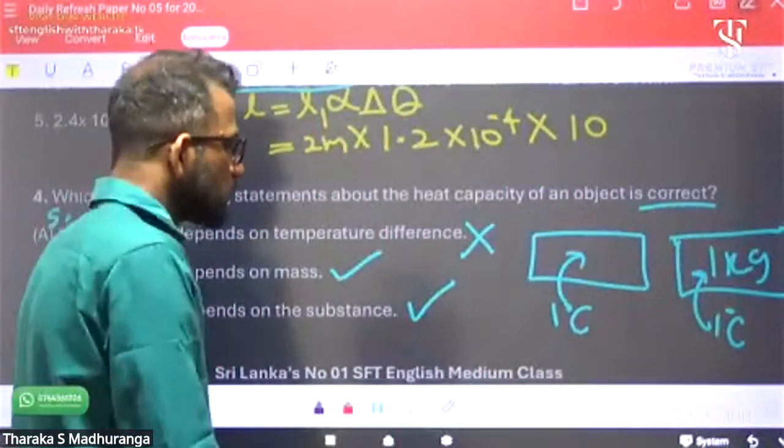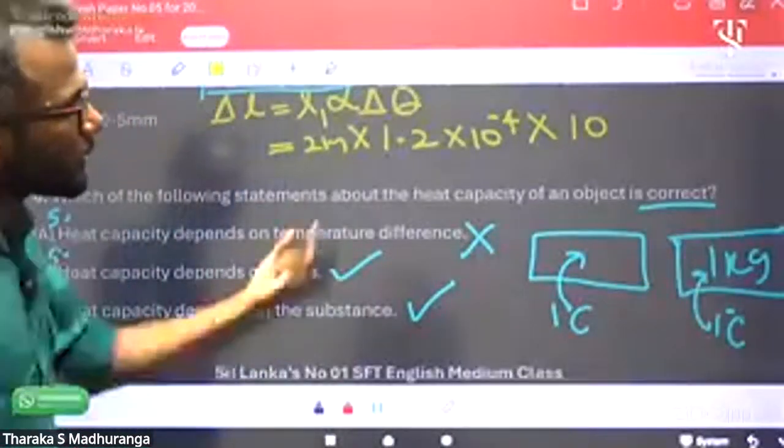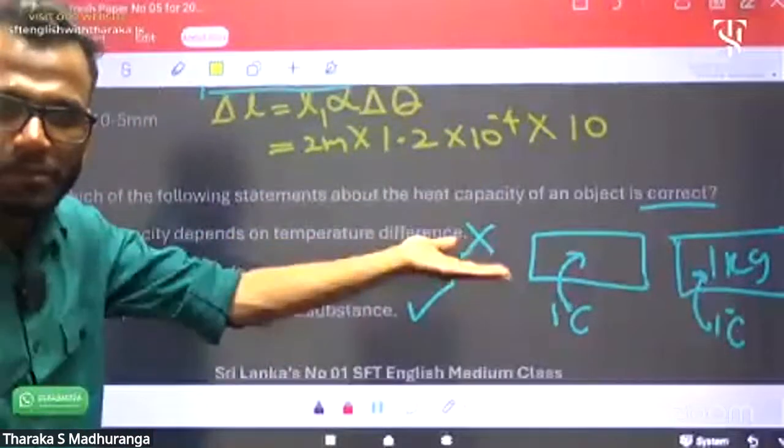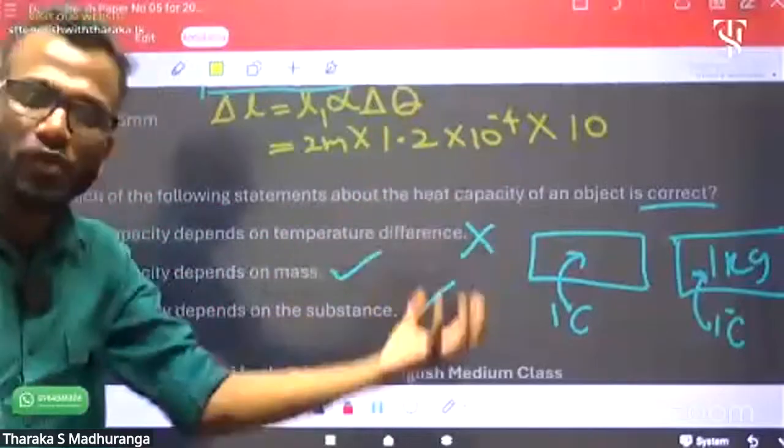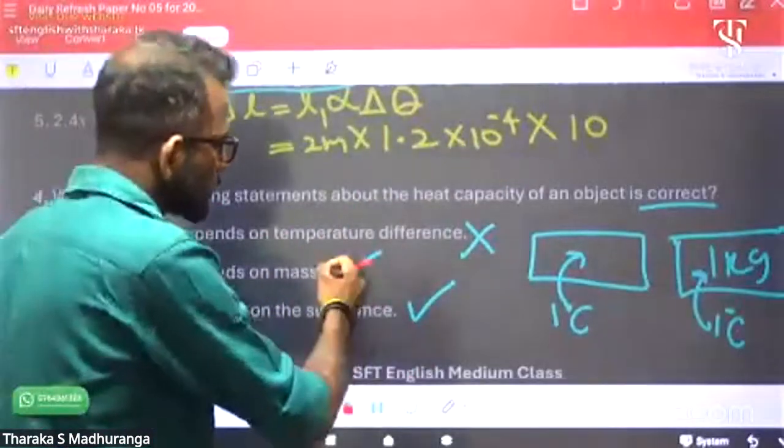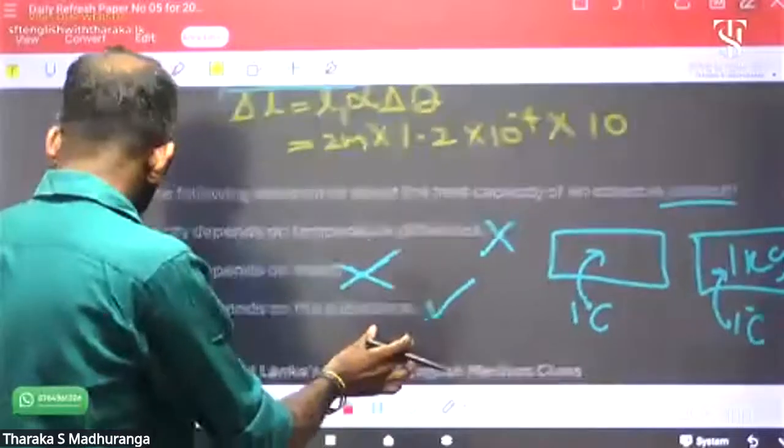Wrong, yes, very good. In specific heat capacity, mass does not matter because we only consider 1 kilogram, only unit mass. For specific heat capacity, it's wrong.